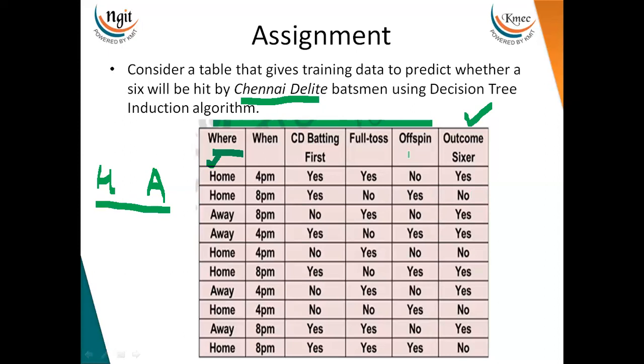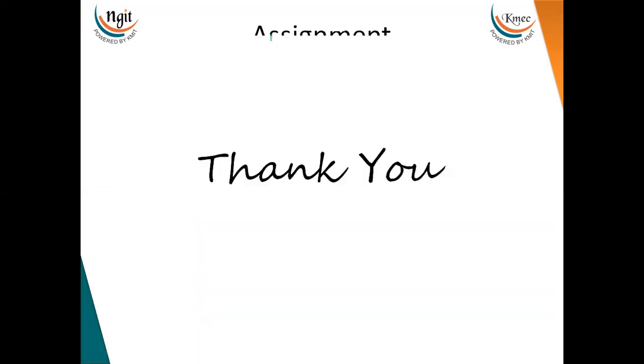And finally, you will get one feature with the maximum information gain, and that will become the root of your decision tree. So like this, we can apply the ID3 algorithm to any data set. If you understood the explained example, you can easily apply it to any given data set. Okay. Thank you.